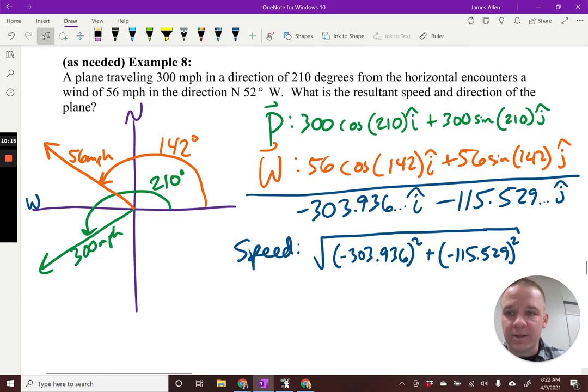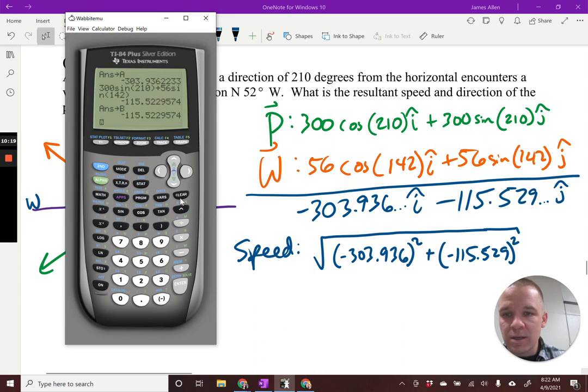Pop that in the calculator. Now, the calculator makes it super easy because I've already got my values stored, right? Okay, so let's go with second square root, and then I got alpha A squared plus alpha B squared. Love the stored values. So convenient.